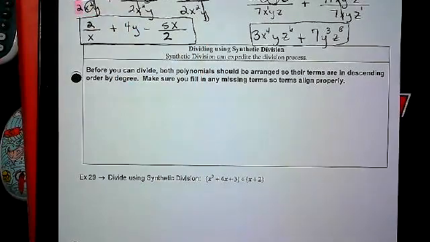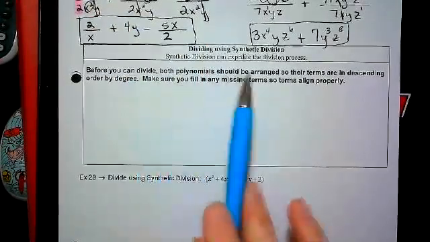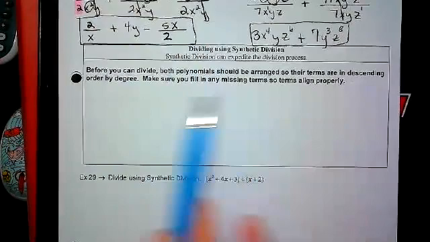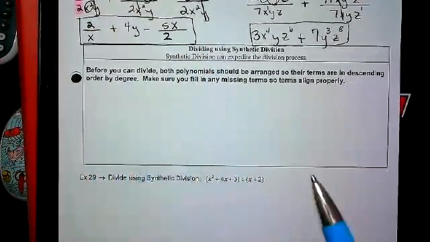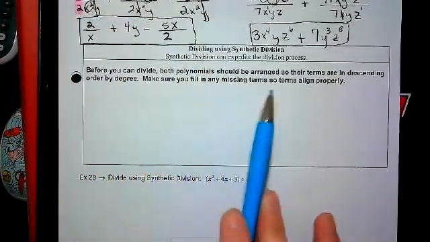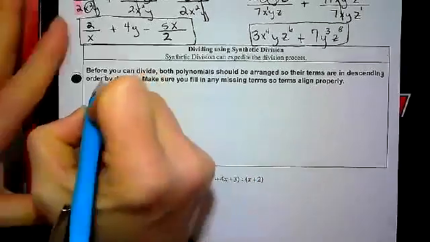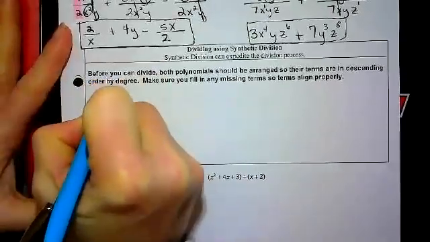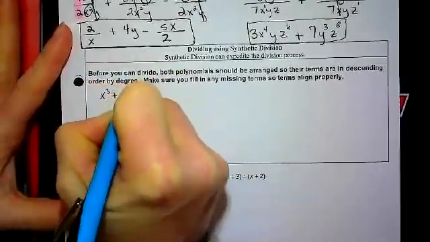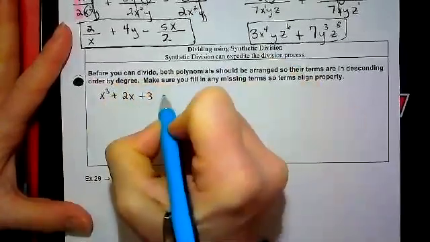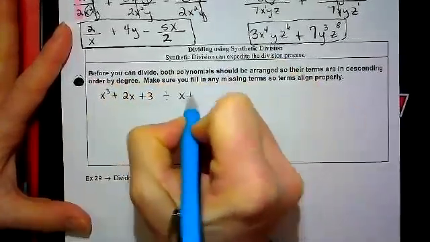One thing we're going to talk about is that before you can divide, both polynomials should be arranged so that their terms are in descending order by degree. Make sure you fill in any missing terms so that they align properly. Sometimes you have a missing term, so for example, x to the third plus 2x plus 3 divided by x plus 1.